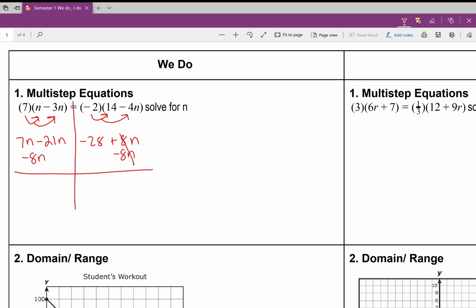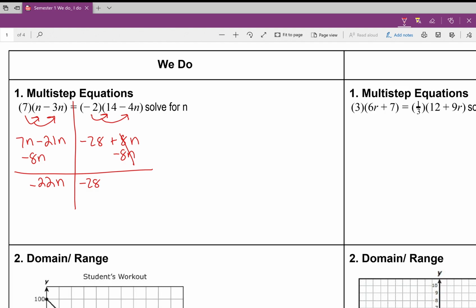So let's go ahead and get our calculator. So I have 7 minus 21 minus 8. So that gives me negative 22n. And then I have negative 28 on the other side.